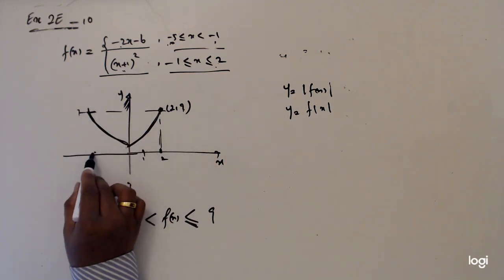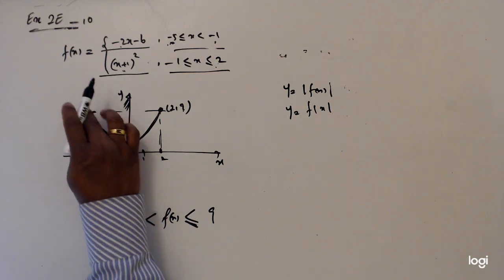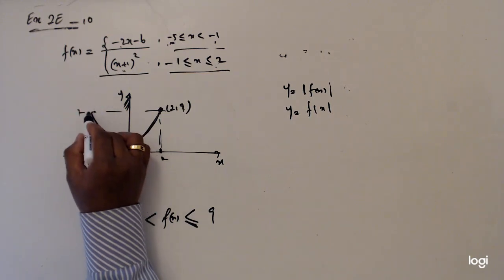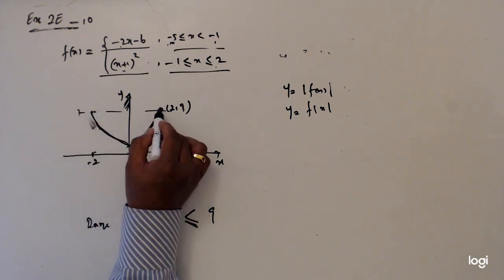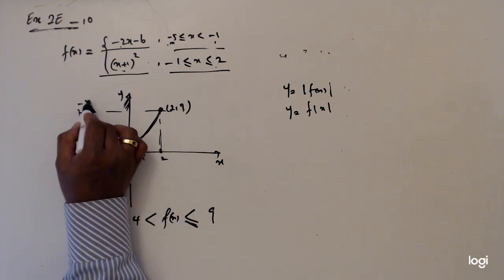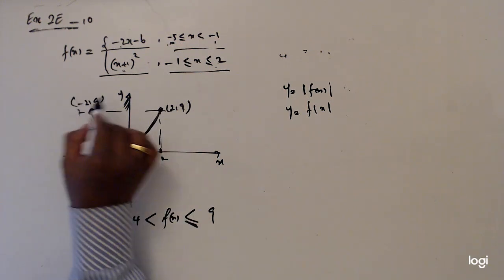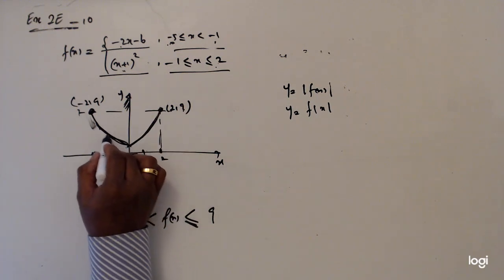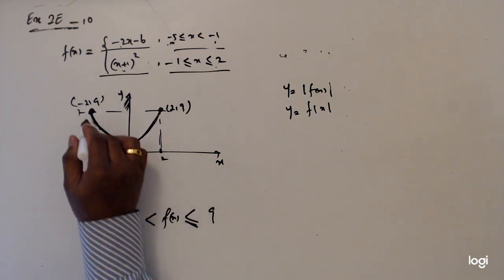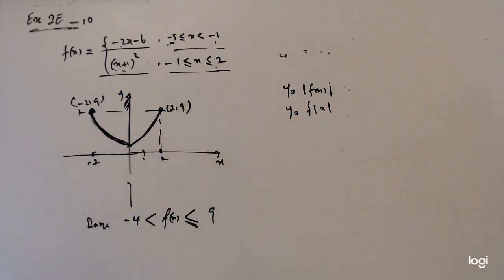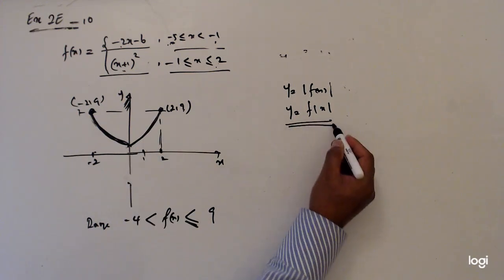So this is minus 2, and the reflection of this point is here, that is minus 2, 9. Now this is the mirror reflection of this one. So this is y equal f mod x.